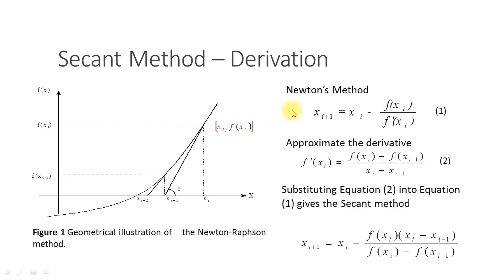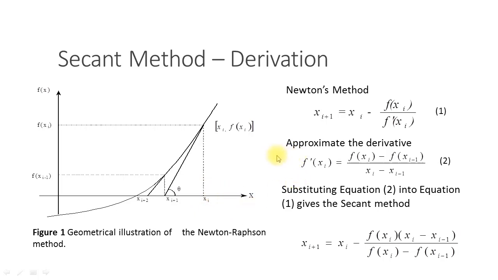Now, you know that the Newton-Raphson method is given by xi plus 1 is equal to xi minus f of xi divided by f dash xi, and this is from the geometry of the Newton-Raphson method.